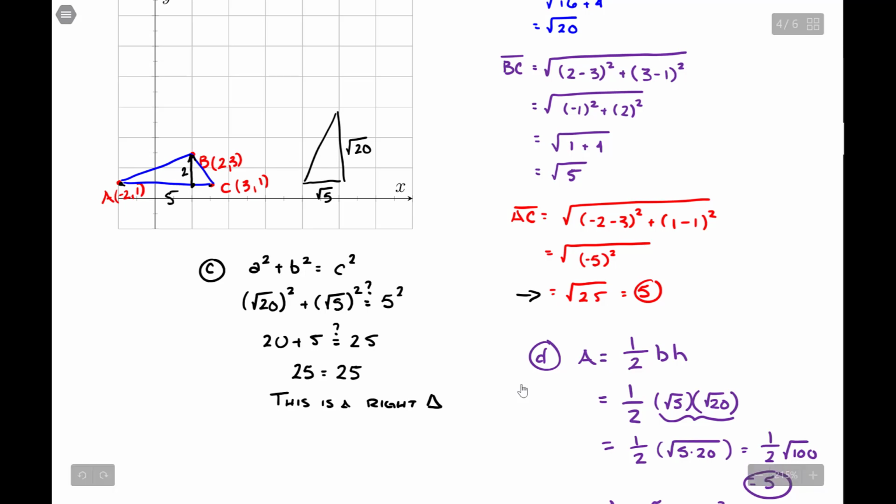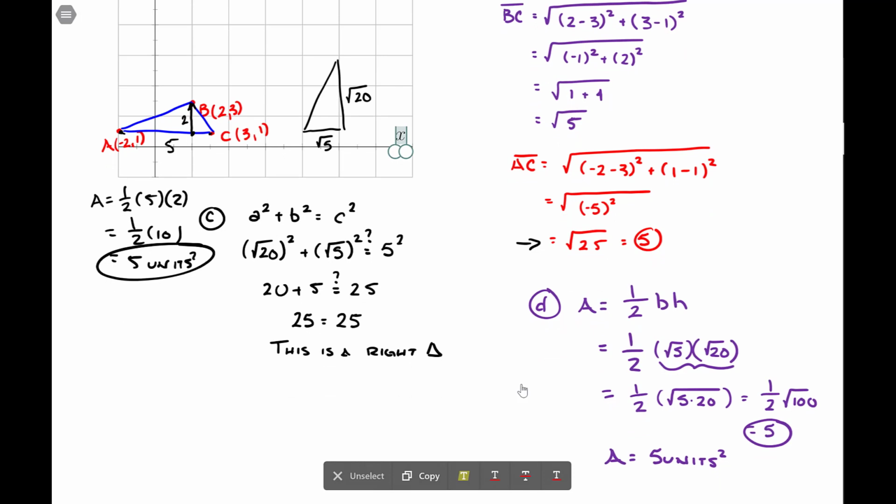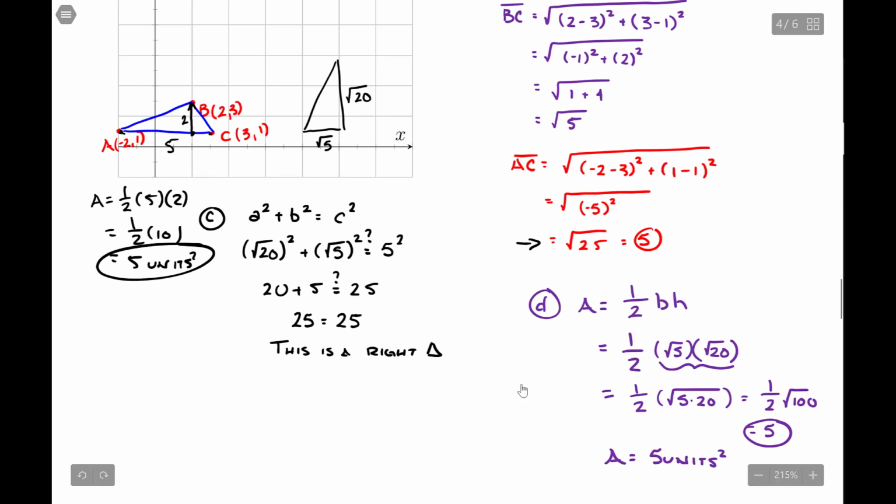And we can apply the same formula again. It's 1/2 base times height. And we get 1/2 times 10. And that's still 5 square units. So there's multiple ways you can go about coming up with these solutions. What I did over here in the purple on the right for part D is the same approach as what I did over here in the black, but it's just a verification of our solution.